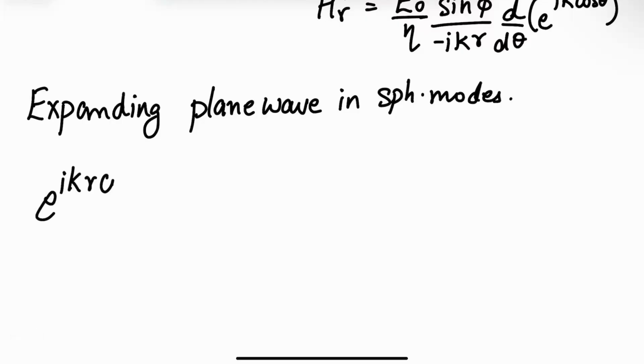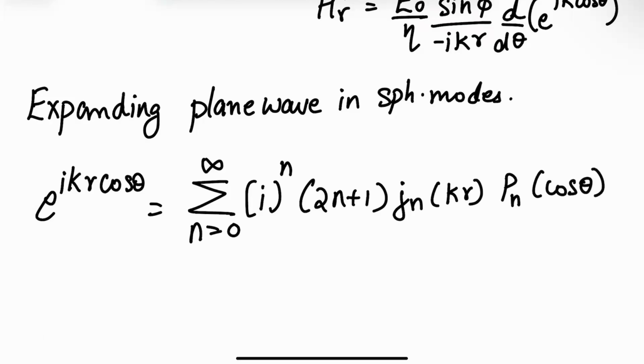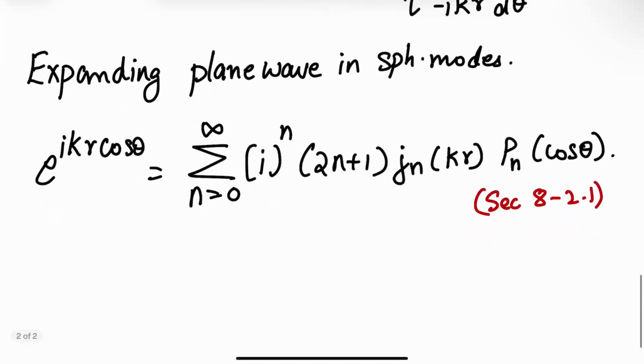So e to the ikr cosine theta is given by the summation n equal to 0 to infinity, i to the n, 2n plus 1, j sub n, which is the spherical Bessel function, and P sub n, which is the Legendre polynomial. Okay, that's the expansion. If you want to see the derivation, it is in section 8.2.1. If we went through the derivation here, we'd take too long, so we'll just use it.